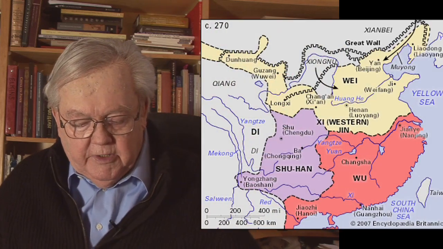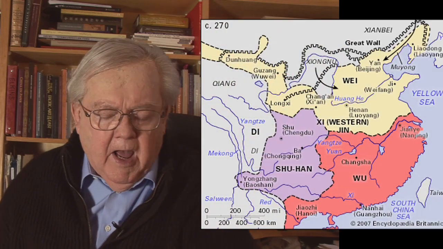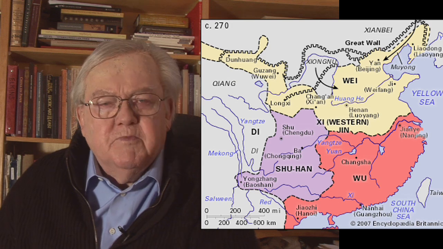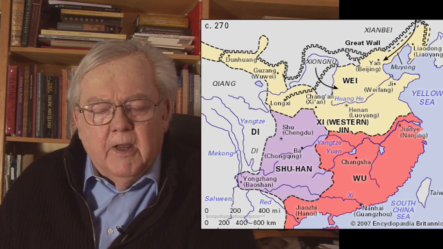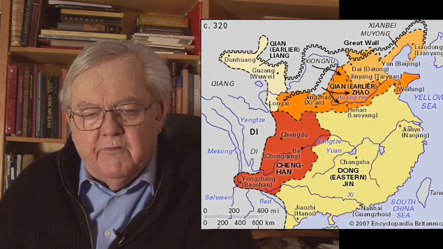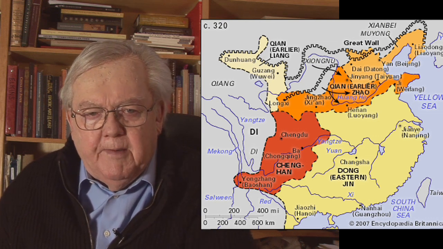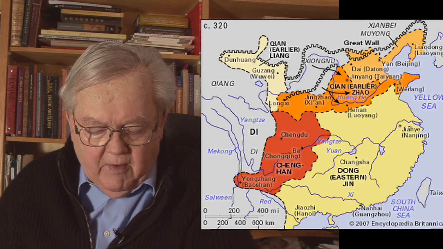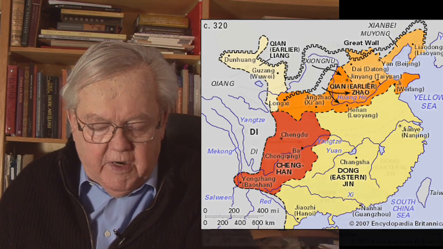Now, will you put on a map, please, so I talk a bit about the history of the 6 dynasties. I'll say only that there was more or less constant warfare going on in the north, and big regions of it were occupied by non-Chinese people, borderland people, who came down from the north and the northeast.